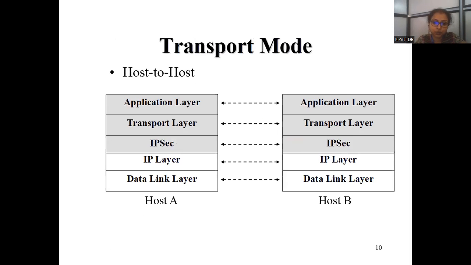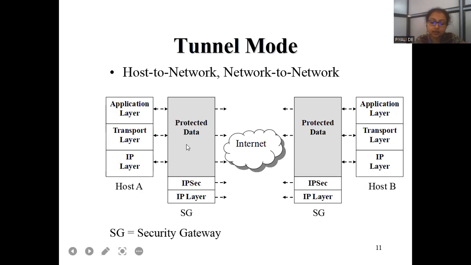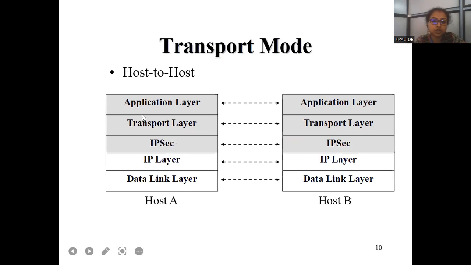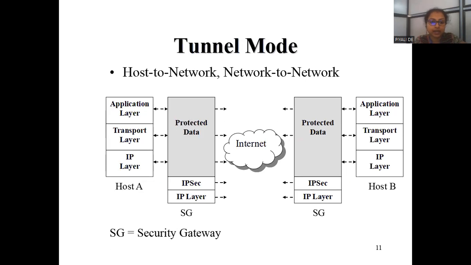So in transport mode, what is the position of IPsec? The position of IPsec is after the transport layer and above the IP layer. IP layer means network layer. And in tunnel mode, this is the application layer, transport layer, and this is the IP layer.